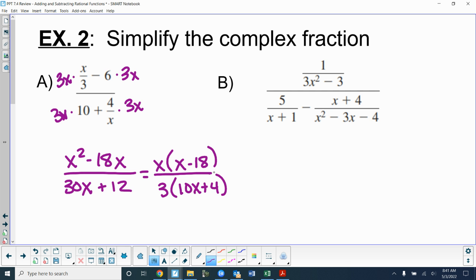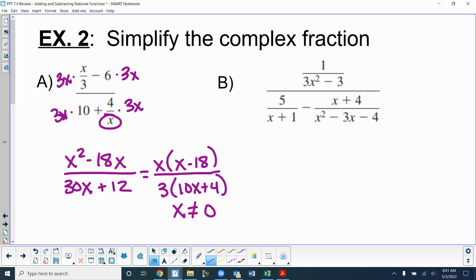So once I have it factored, are there any factors that are common that I can cancel? No, so we're done. Now, what's the only thing X can't be? 0. Okay? 0. All right.